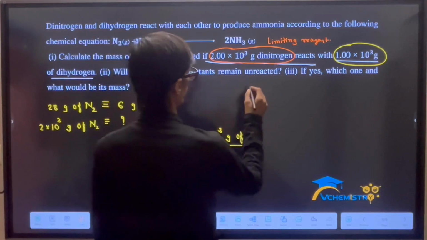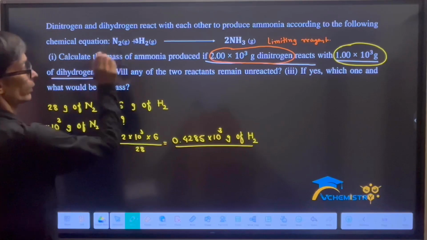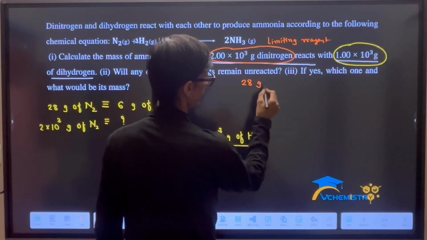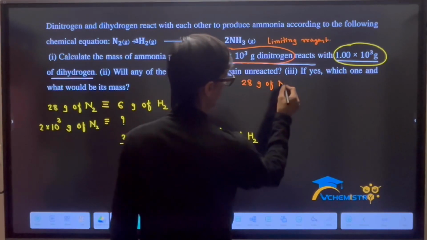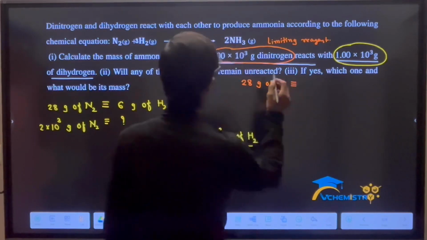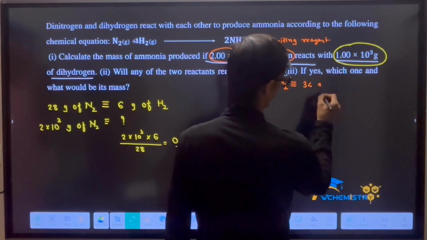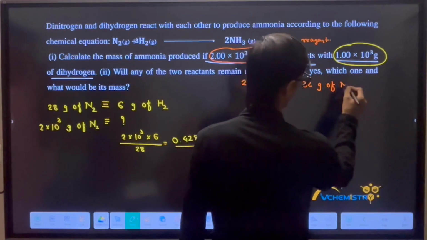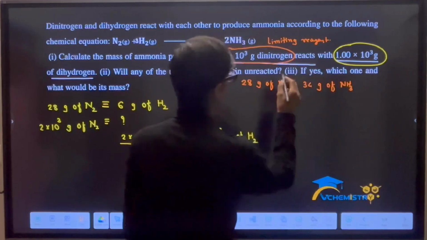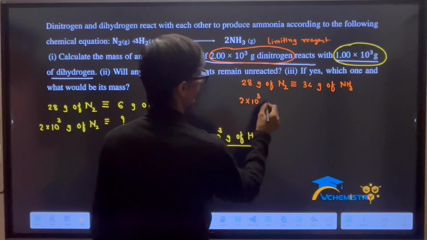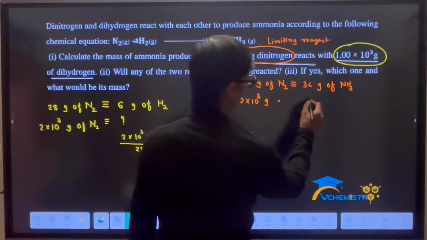How? See, the equation: 28 gram of N2 gives 2 moles of ammonia, that means 34 gram of ammonia, but we have 2 into 10 raised to 3 gram of dinitrogen.